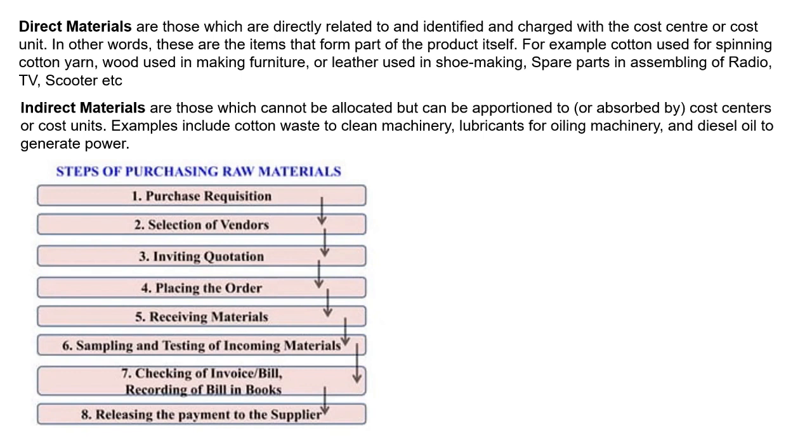Second, you have to select the vendors. For example, say you have a food manufacturing unit, so you need sugar. You can see plenty of vendors in the market who can supply sugar.